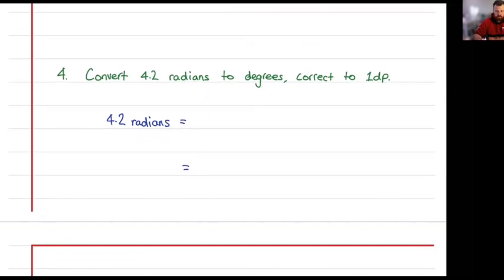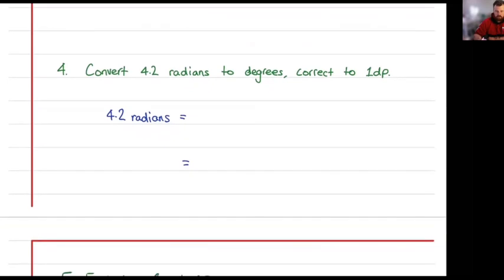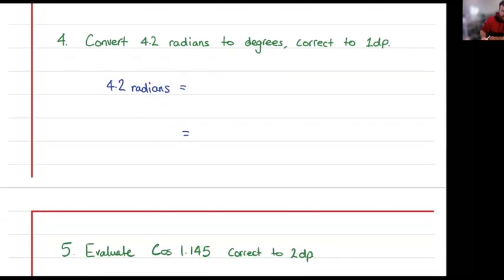So going to example 4, convert 4.2 radians to degrees, correct to 1 decimal place. Right, so again, the same way, we're going to do 4.2 times 180 over pi. And at this point, I'm going to drag out my calculator.